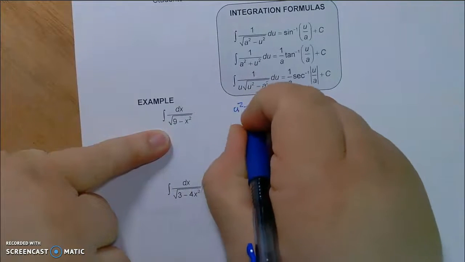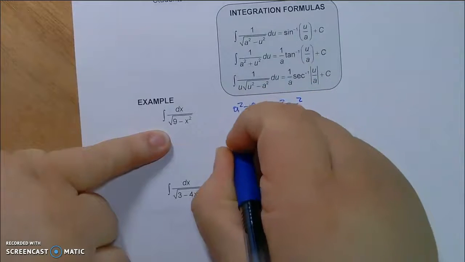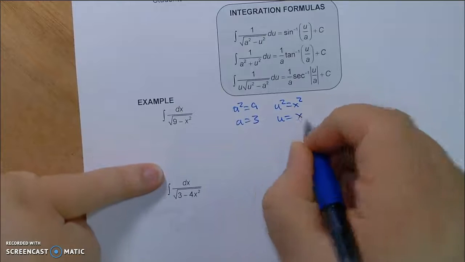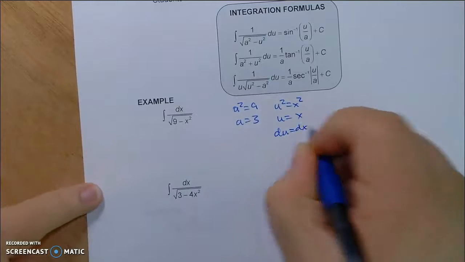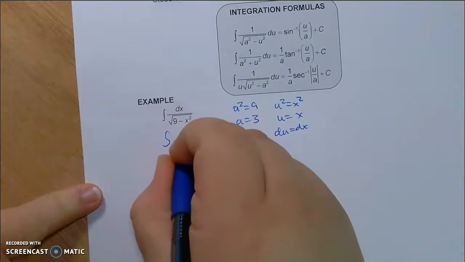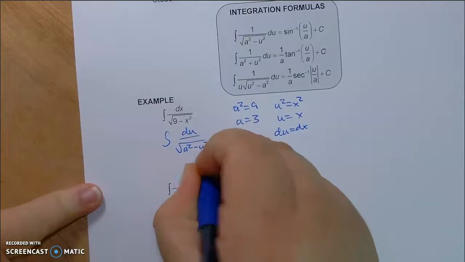So my a squared is 9, my u squared is x squared. So a is 3, u is x, and du is dx. So we can do easy substitution. This becomes du. This is a squared, this is u squared.